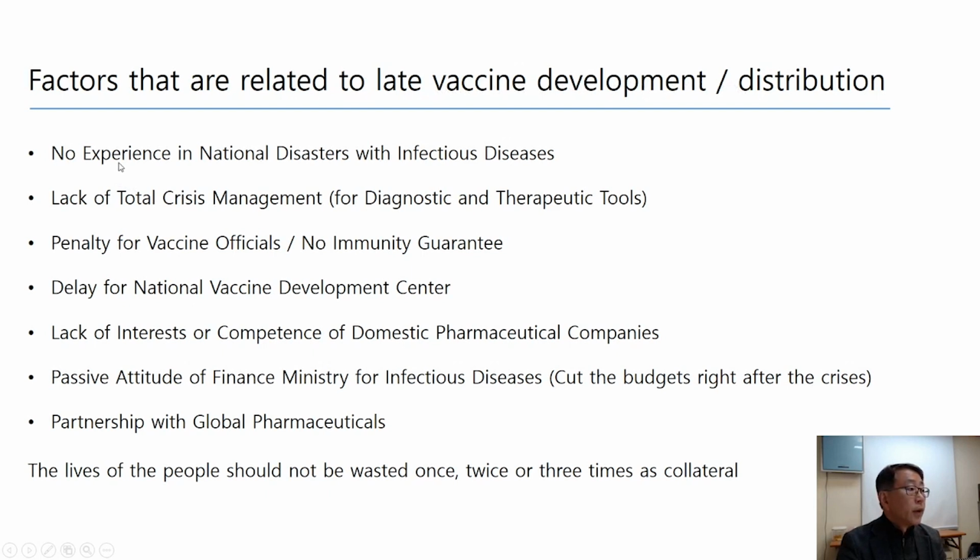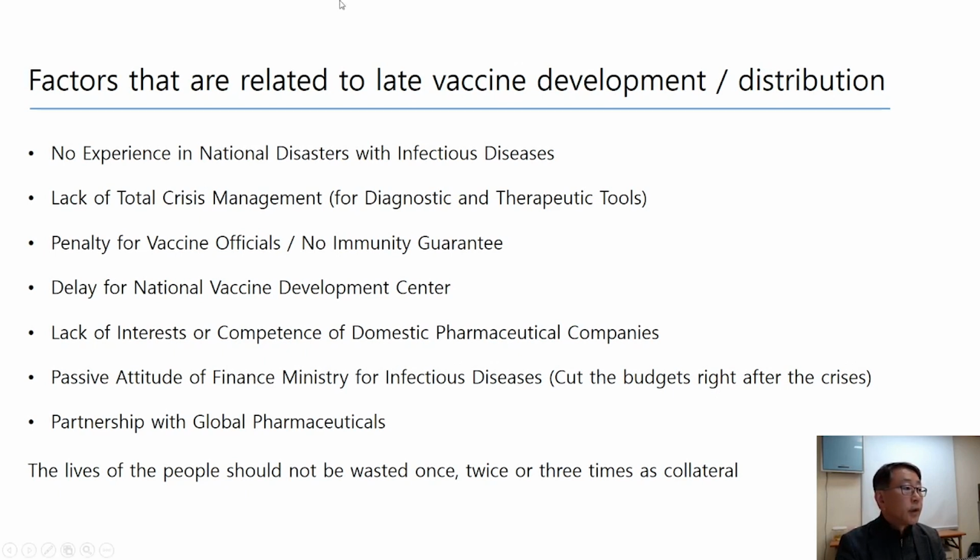First, no experience in national disasters with infectious disease, especially this government. They started their work about 2.5 years ago. This new government, which is a democratic government, didn't have any experience. The background is from social activists in the past, and they didn't understand exactly what the situation is with this coronavirus.